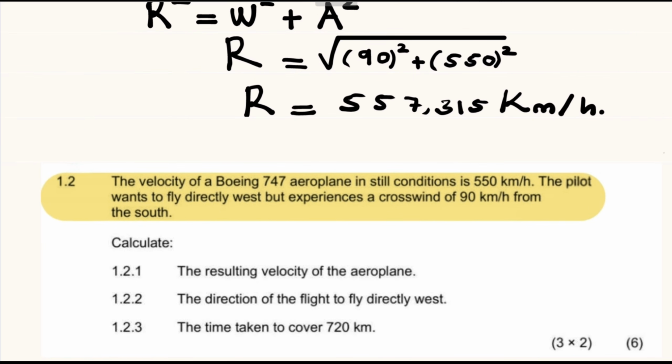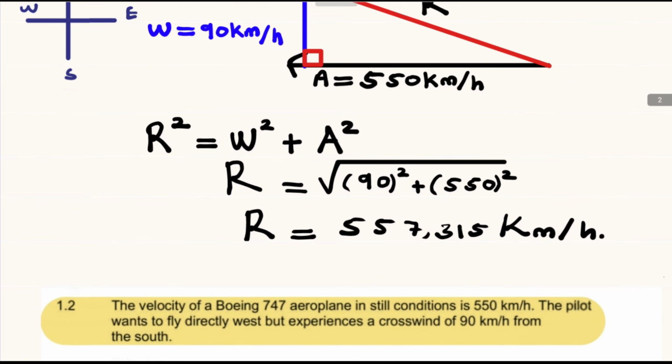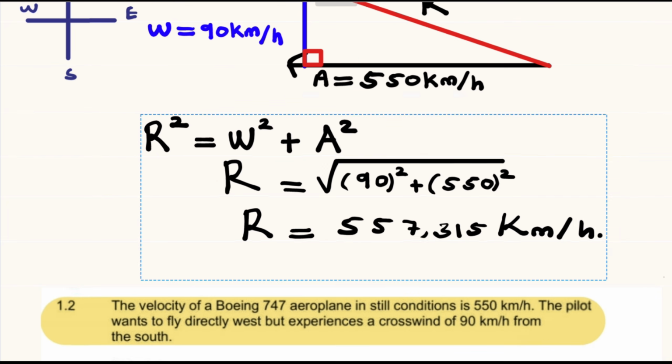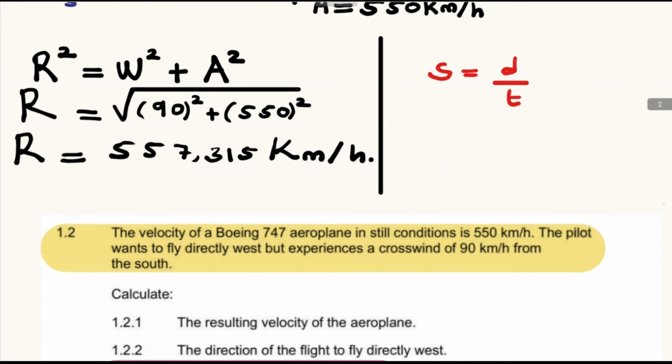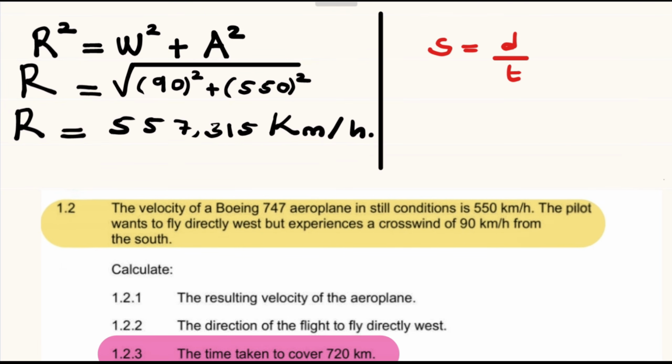And question 1.2.3, we calculated the time taken to cover 720 kilometers. So we are going to use the resultant velocity, not the intended velocity of 550. So the formula to calculate, we have speed is equal to distance divided by time, making the time the subject of the formula.